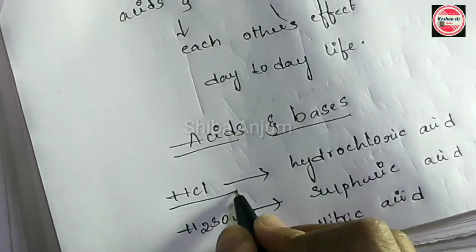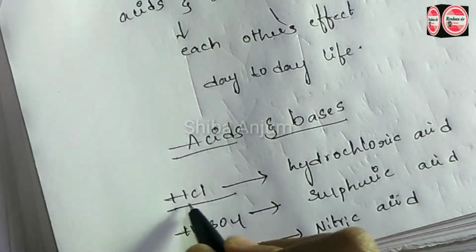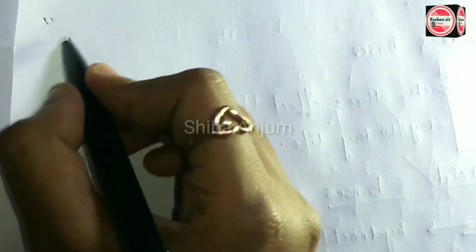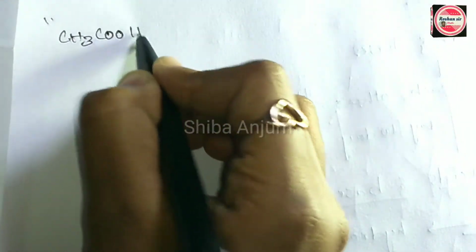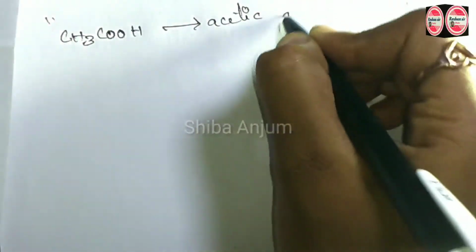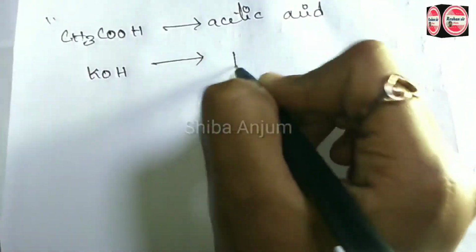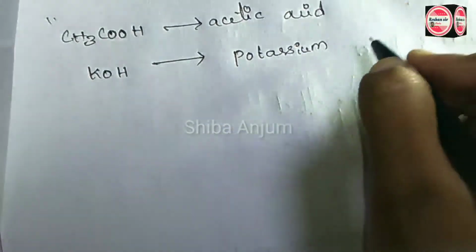The commonly used acid is HCl, hydrochloric acid, and CH3COOH, which is called acetic acid. Then KOH, which is known as potassium hydroxide.